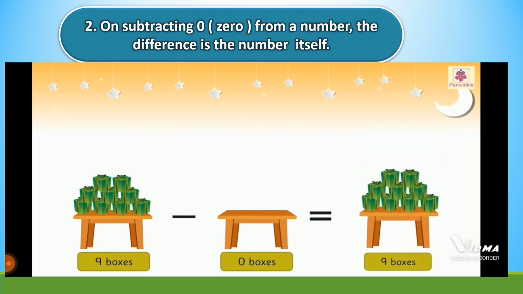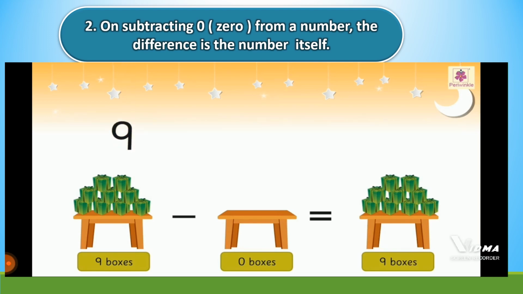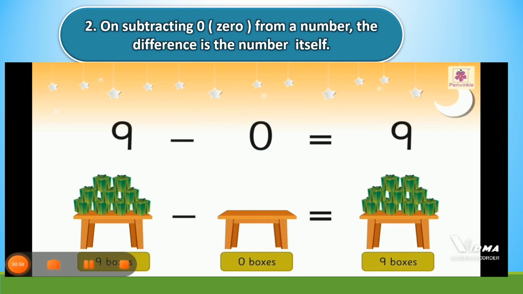So what remains? We have 9 boxes. 9 minus 0 equals to 9. As you saw, when 0 is taken away from any number, the number what we get is same. So the obtained difference is the number itself.